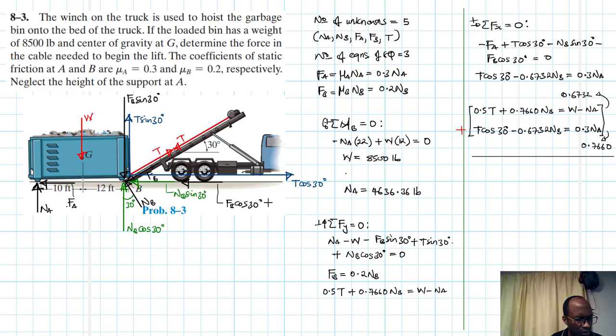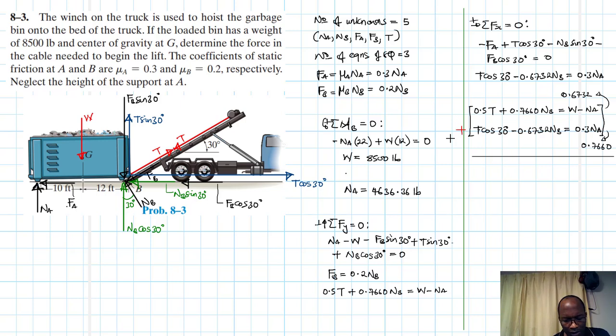So what do we have? Just grab your calculator. Of course, these parts they go, and then we have 0.5 times 0.6732 plus 0.7660 times cos 30. And then we have W, which is 8,500, minus NA.